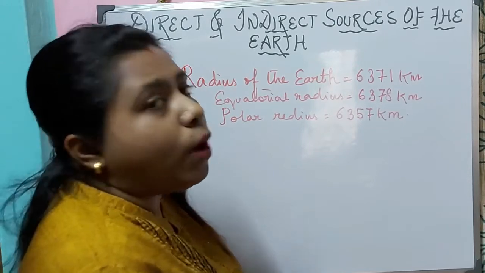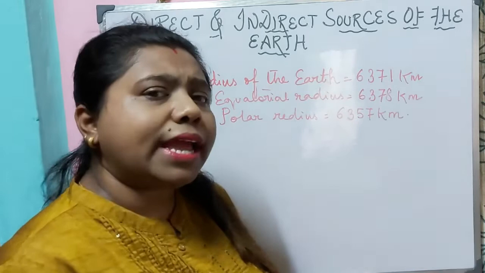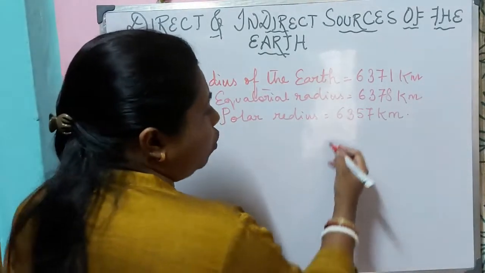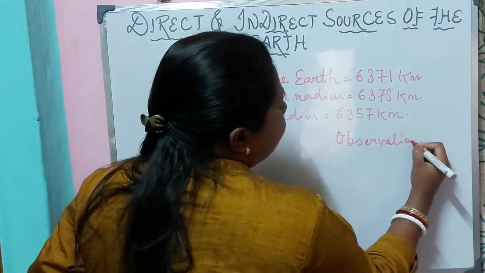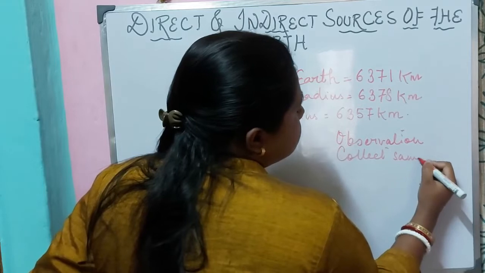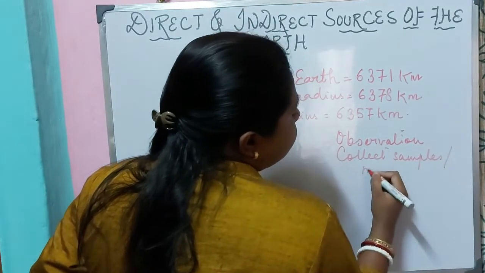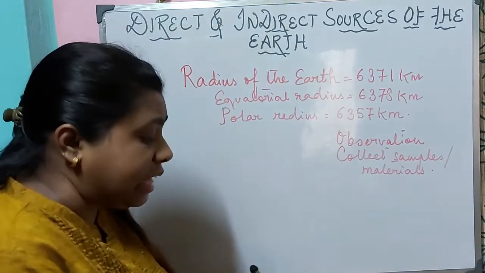Now, no one can go to the center of the earth. So if no one can go to the center of the earth, then how will a person observe? How will we collect samples or materials by which we can get information about the interior of the earth?